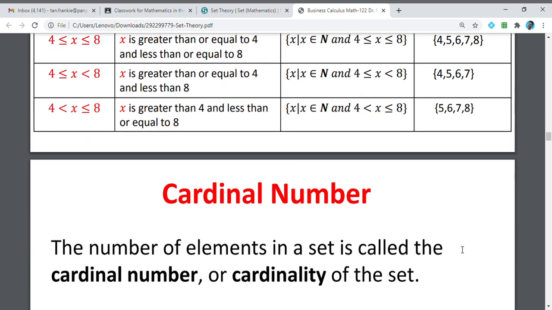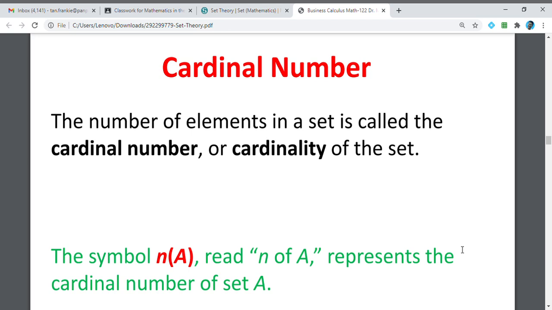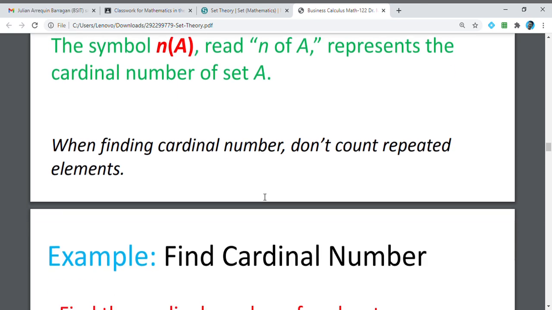Okay, now let's go to cardinal number. When we talk about cardinal number, this is simply counting the number of elements in a set. You are just going to count. So here, the cardinality of set A, or n(A), represents the cardinal number of set A. You are just going to count the number of elements present in a set.